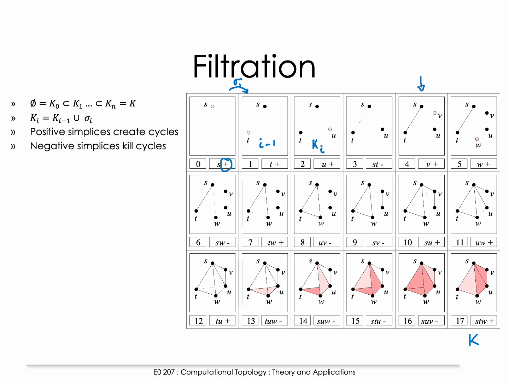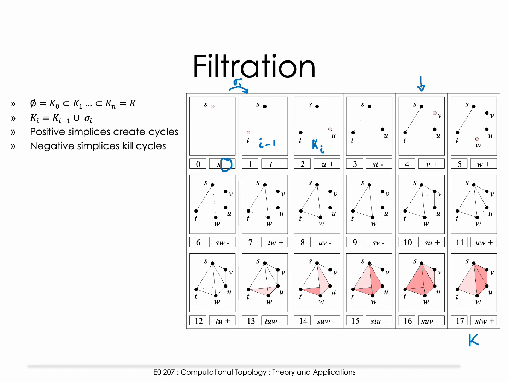So the triangle TUW is inserted, the triangle STW is not yet inserted, but then the other triangles SUW was inserted in step 14 and STU was also inserted in step 15. The fourth triangle of this tetrahedron STW is inserted in the last step. So this creates a two cycle. This creates a two cycle. So hence STW is called positive.